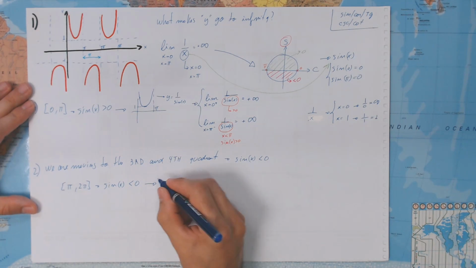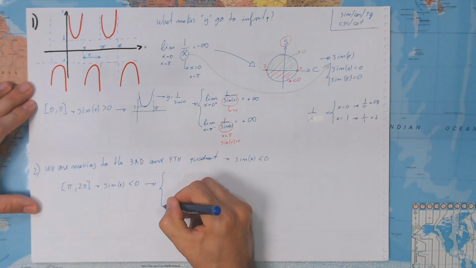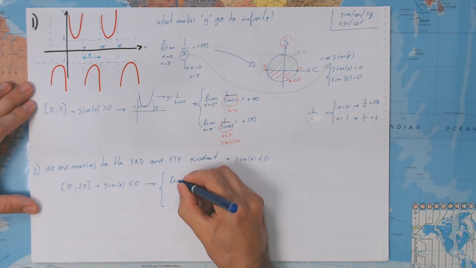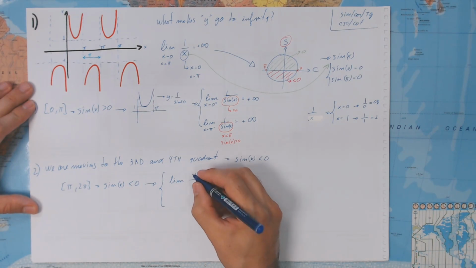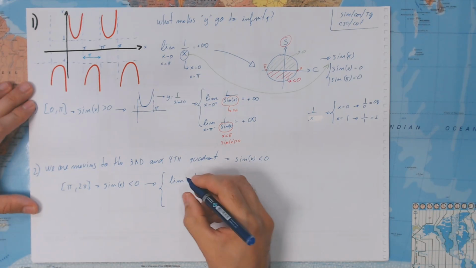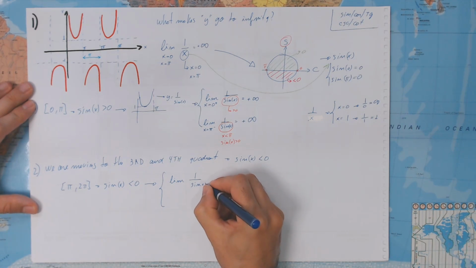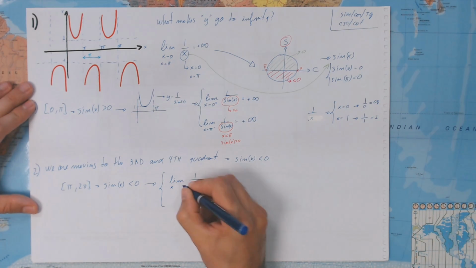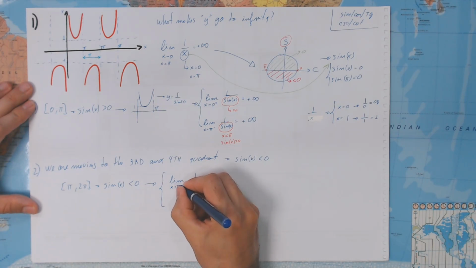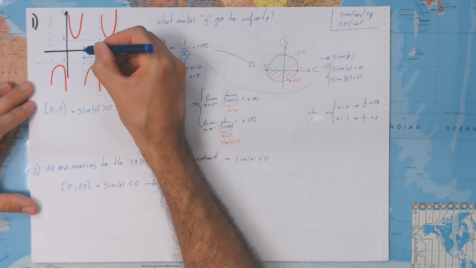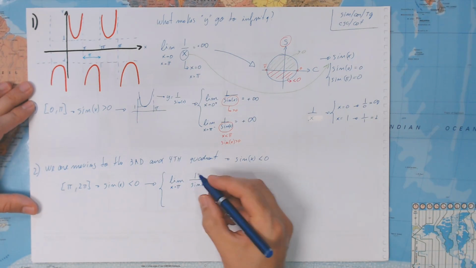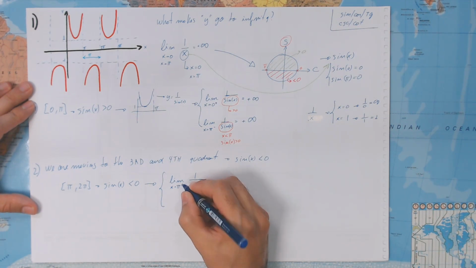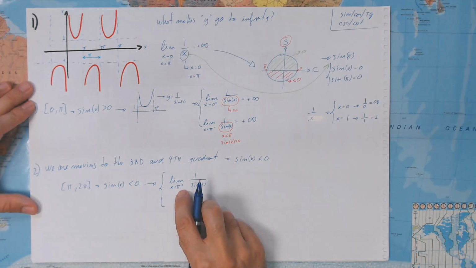Let's exploit that. Now, the limit of 1 over the sine of x when x goes to pi, but now pi from the right, from the positive side, okay? Meaning it's pi and something else. We are in here.